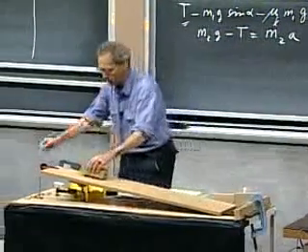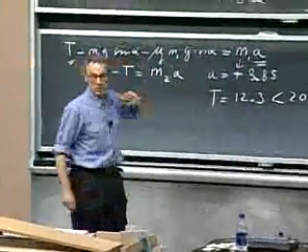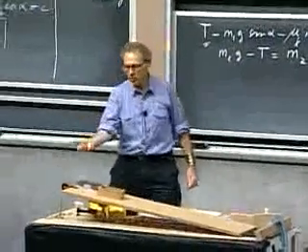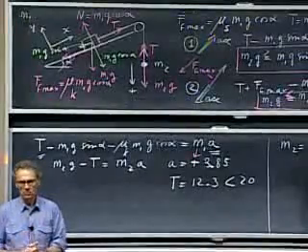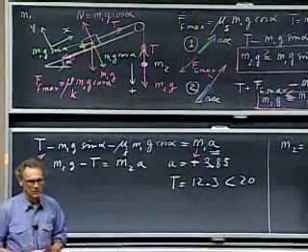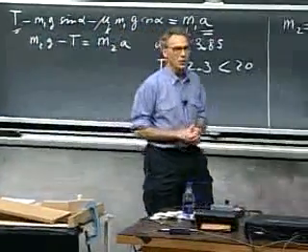Now, I'm going to do exactly this experiment. Put a rope over it with a pulley, and put M2 on this side. And now I'm going to load down M2 to the point that it starts to slide uphill. That should allow you to also calculate the friction coefficient.